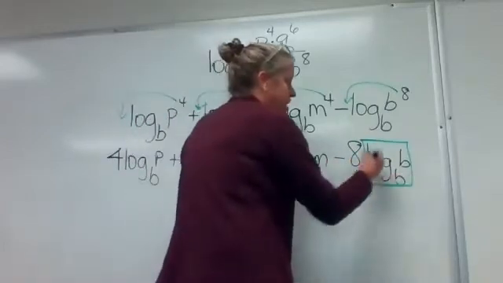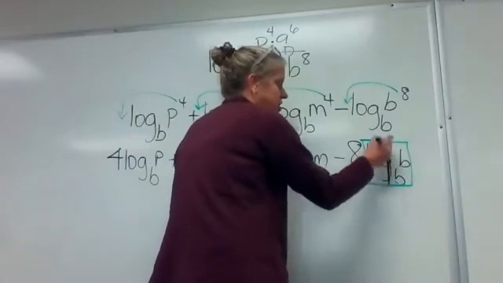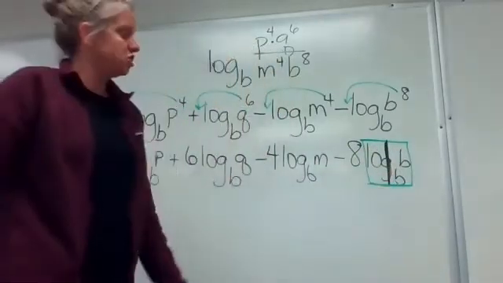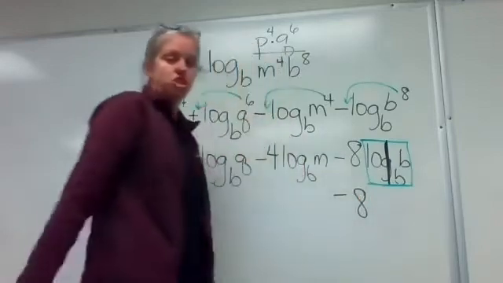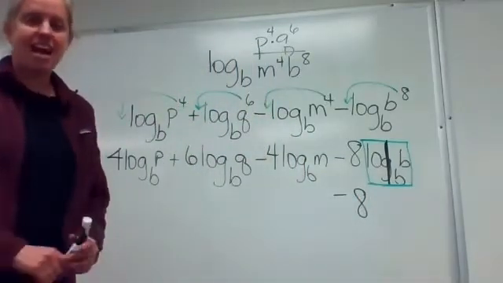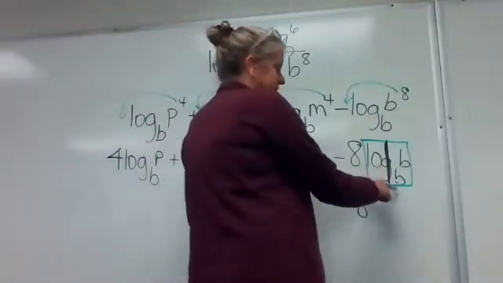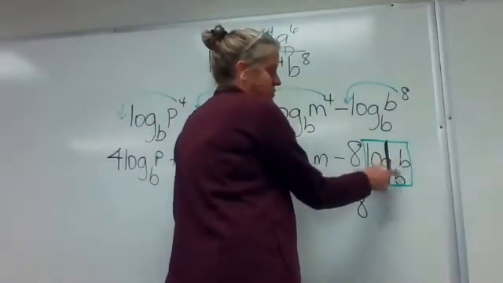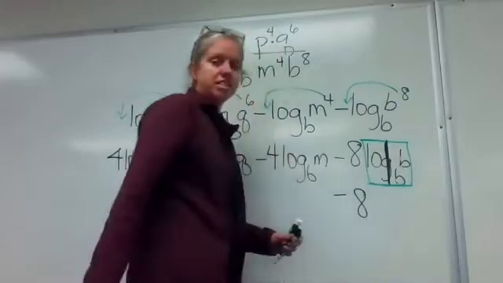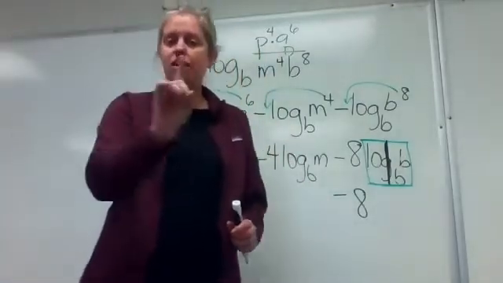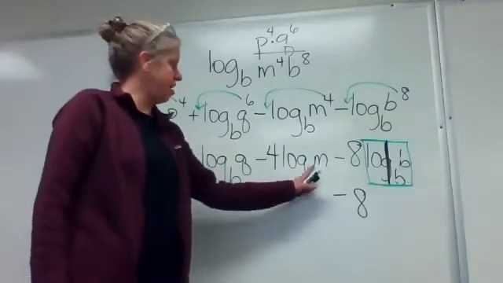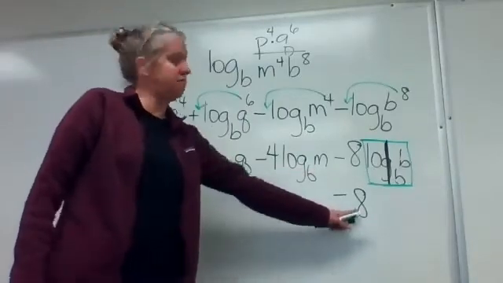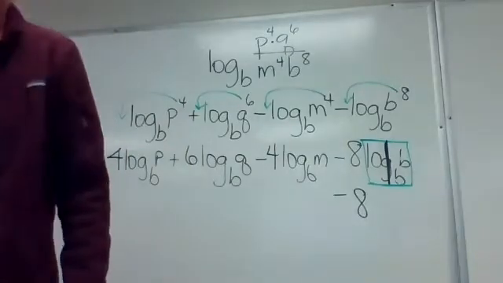So this whole thing right here actually just turns into a 1. So you really just have -8 times 1 there, which is just -8. Again, that happens if the base and what you're taking the log of are the same thing. The whole thing cancels out and turns into a 1. So after this last log right here, you just have -8 at the end.